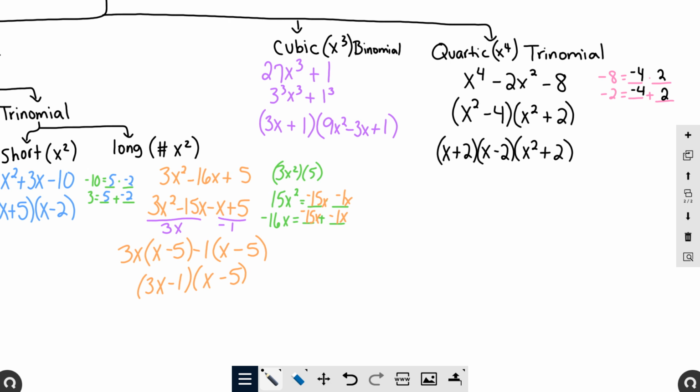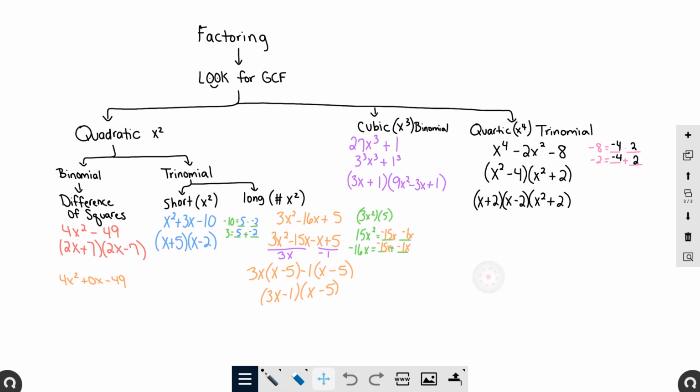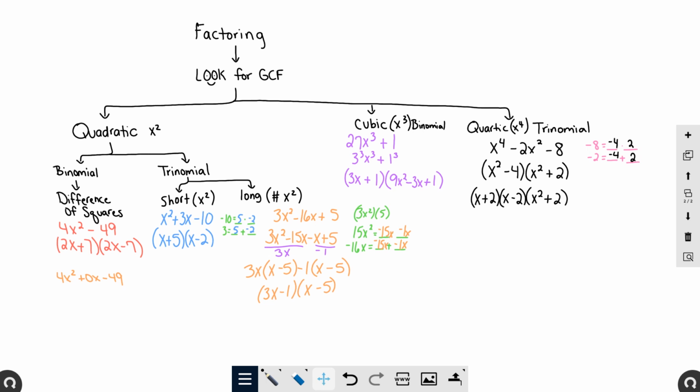Now, you guys have a quiz coming up when? Tomorrow. So on that quiz, all of these different types, including the GCF, are all going to be mixed up together. And we're getting ready to play Matho, and all these types are going to be mixed up together. But I'm going to let you have your notes out while you play Matho. But tomorrow, are you going to have your notes?